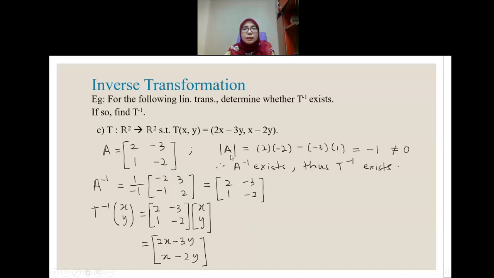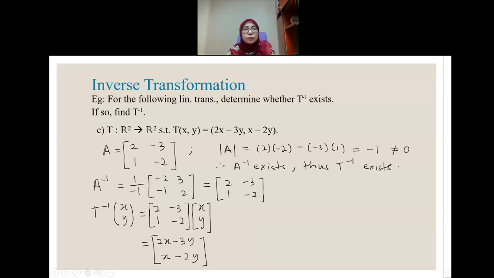Then find the determinant of A. Since this is 2 by 2, the formula to find the determinant is very easy. It equals -1, which is not equal to 0. When the determinant is not equal to 0, that means A inverse exists. Thus, T inverse also exists.